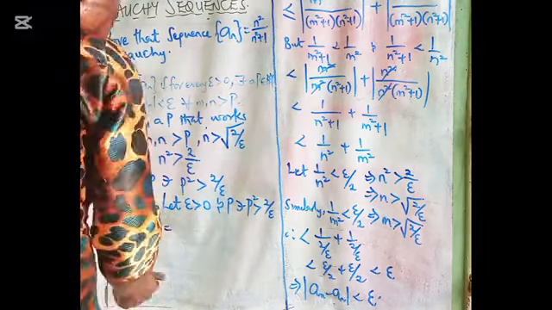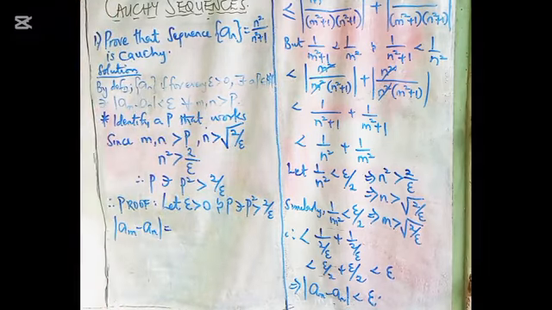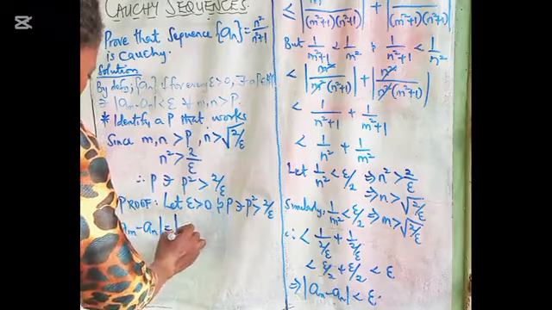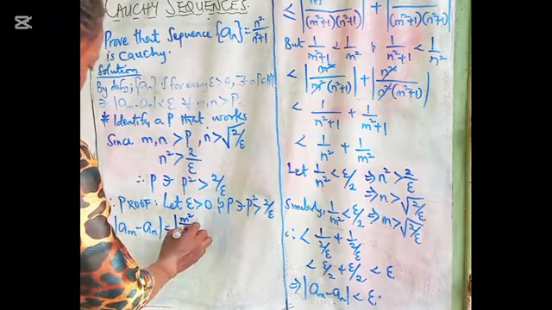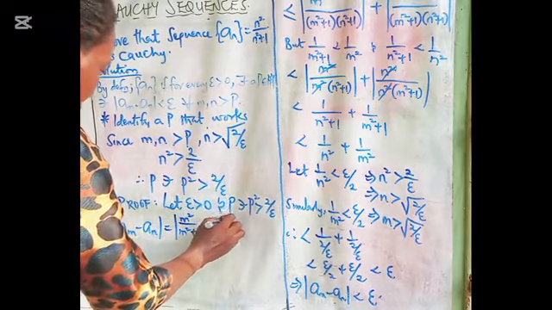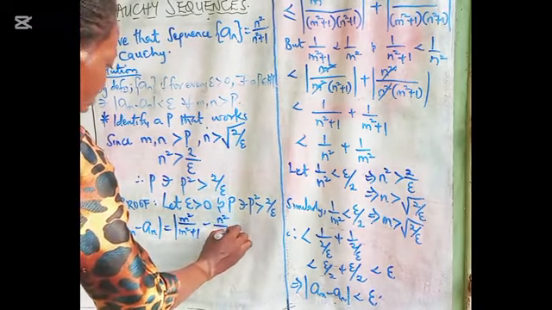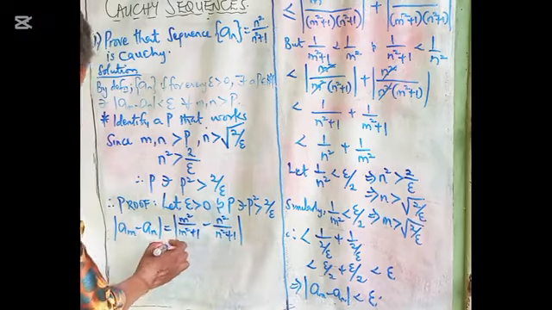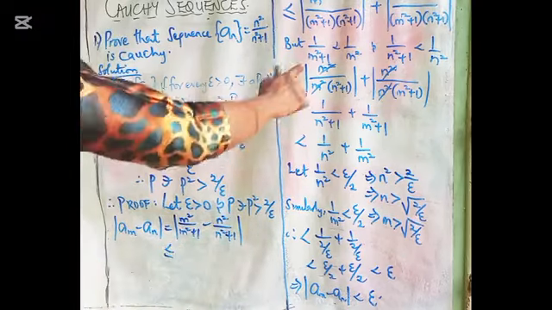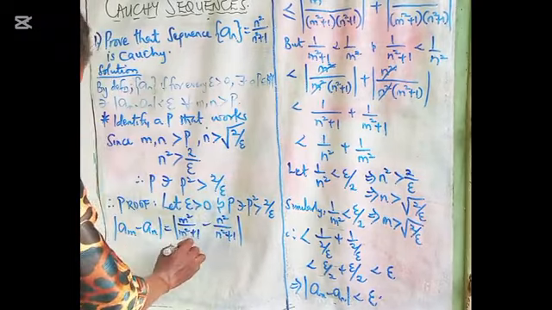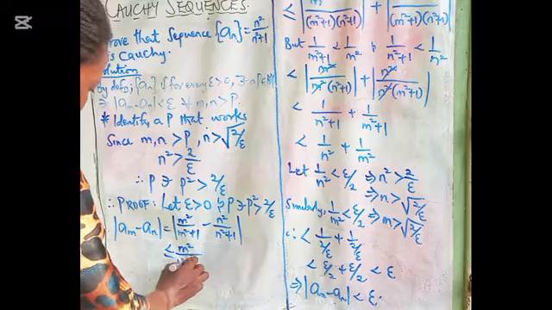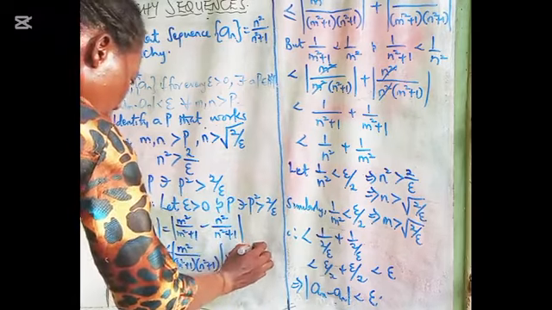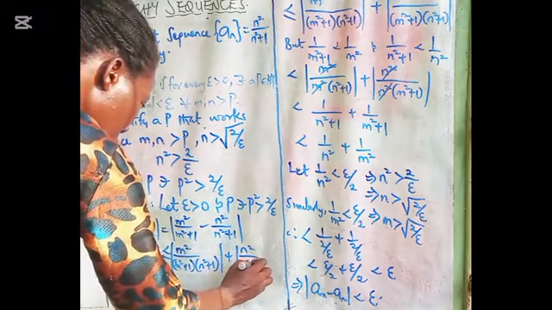So we are going to perform all the algebra that we have done before. This will give us m squared over m squared plus 1 minus n squared over n squared plus 1. And this is less than or equal to what? m squared over m squared plus 1 plus n squared over n squared plus 1.